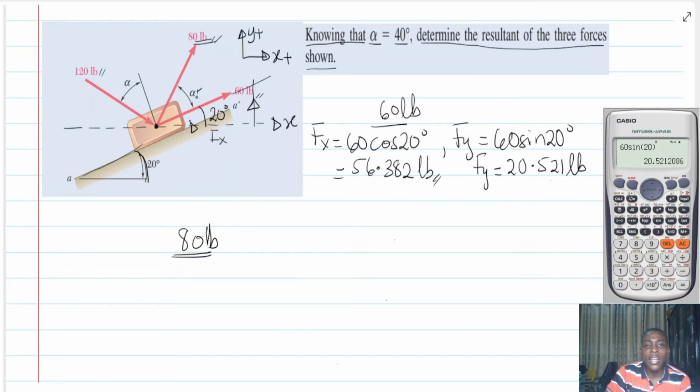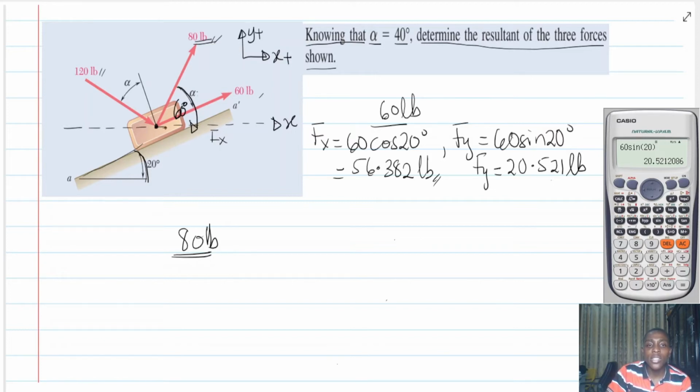Now, we were told that alpha is 40 degrees. If alpha is 40 degrees, then this 80-pound force is making an angle which is 40 plus 20, so 60. Now ignore the 60-pound force. Let's look at the 80-pound force.